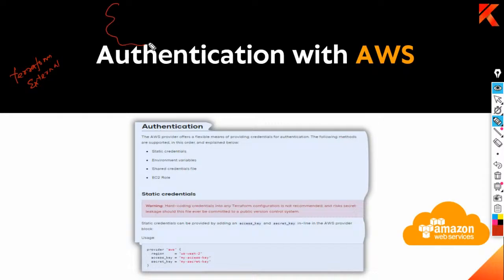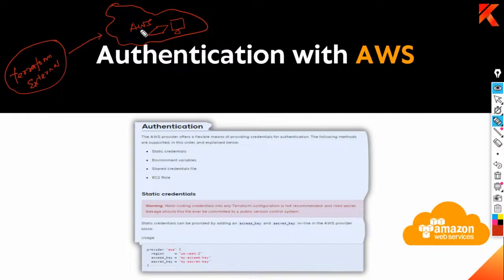And this is the cloud, AWS, and you are going to create your resources over here through the help of Terraform. Terraform is a software, a DevOps tool. Now, first and foremost, AWS does not know Terraform.